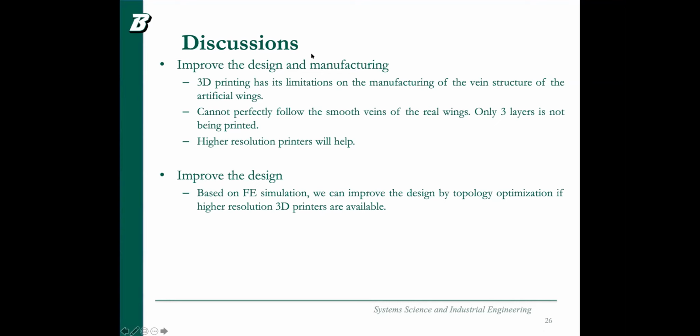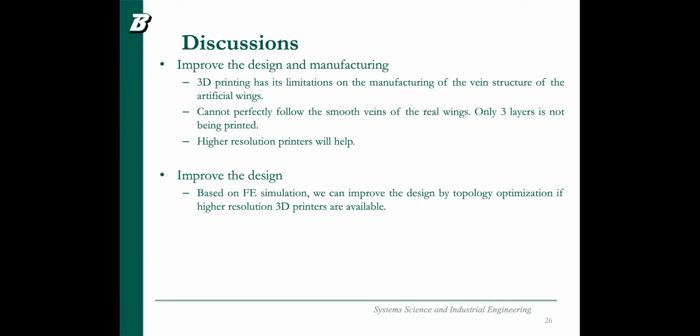It's not layer by layer, whereas 3D printing is layer by layer. There are some discrepancies in the final fabricated results, so it cannot properly follow the very smooth vein structure of real wings.